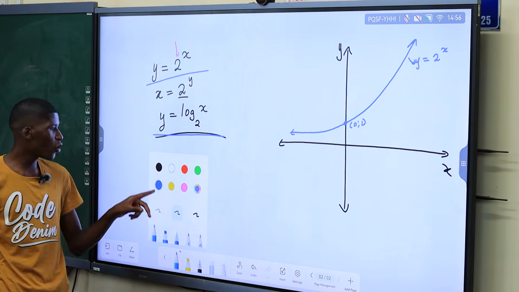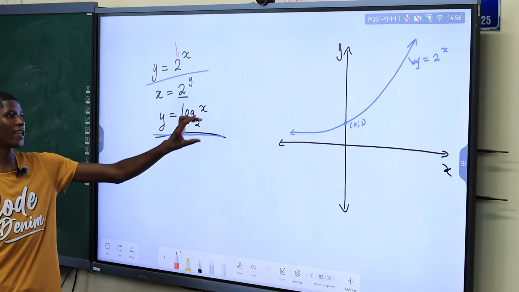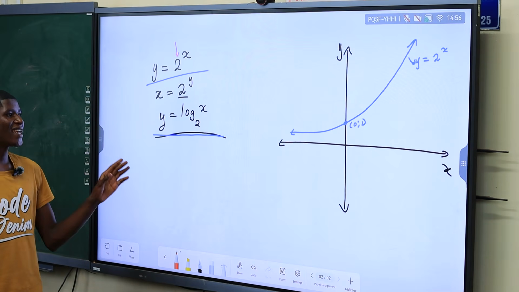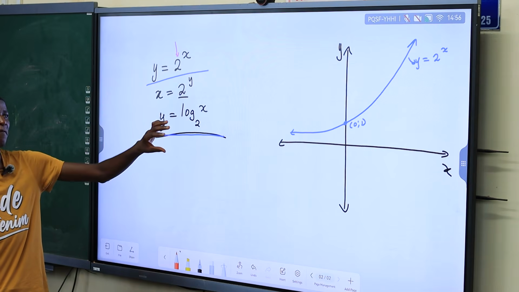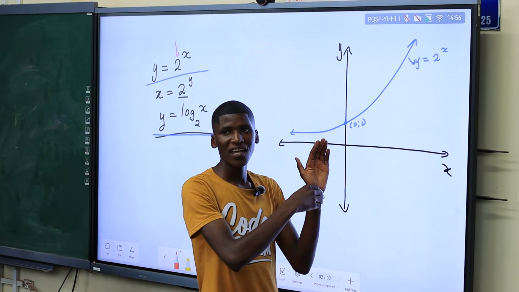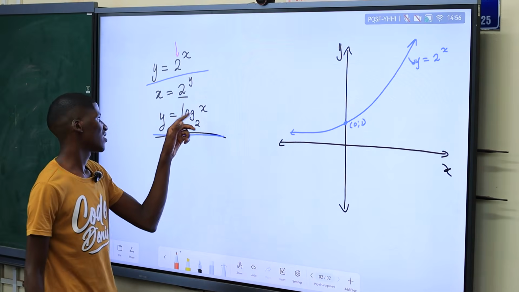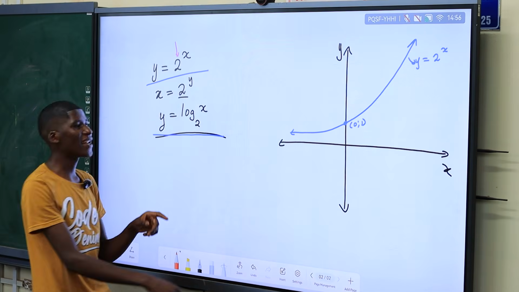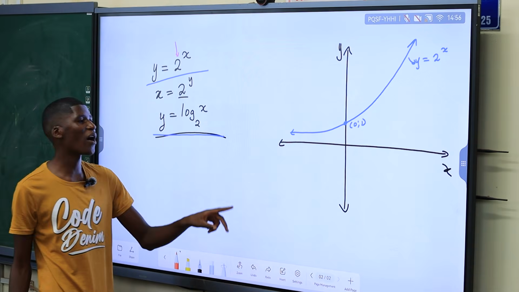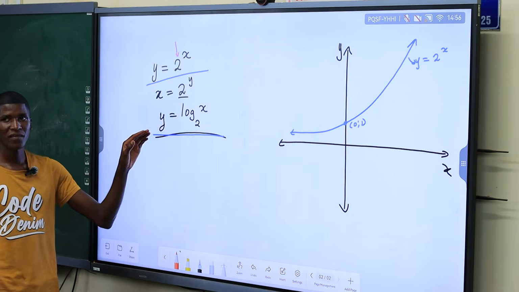So now when we plot the inverse, which is the logarithmic function, what is the domain of a logarithmic function? Where should we draw our logarithmic function?